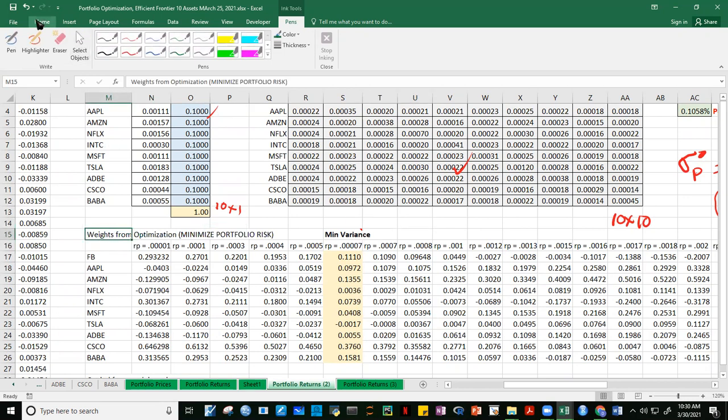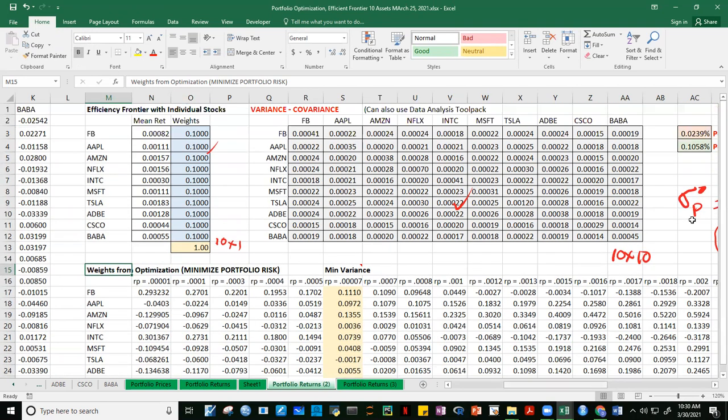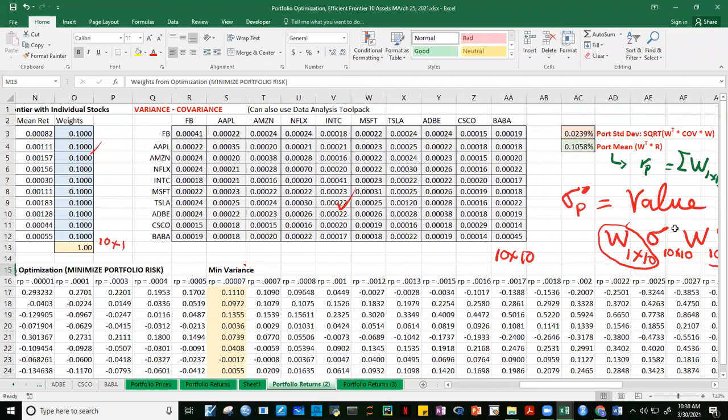Ano yung measurement ng portfolio risk? Dito sa nakalagay dito sa model natin sa taas, our portfolio risk is measured by the portfolio standard deviation, diba? Ito yun. That's our portfolio risk.